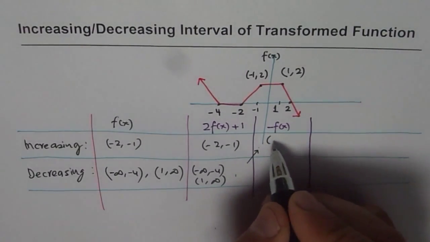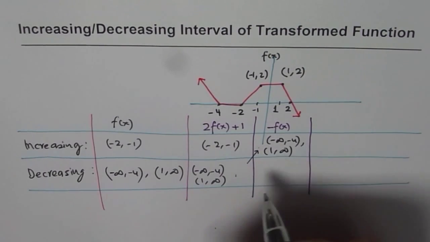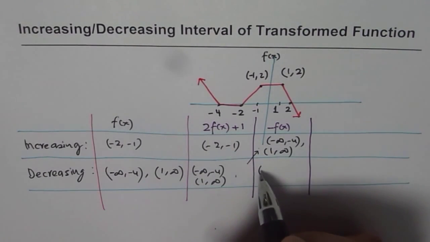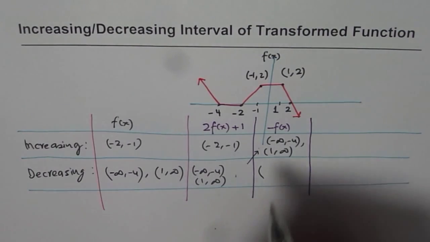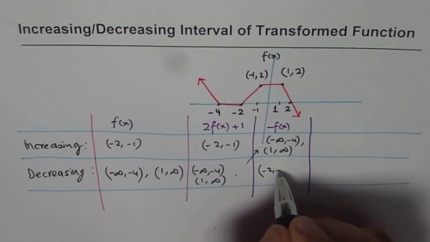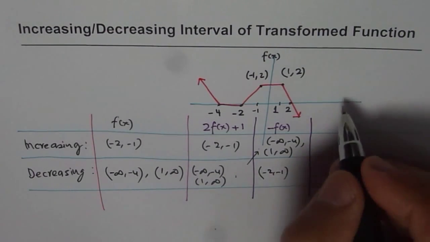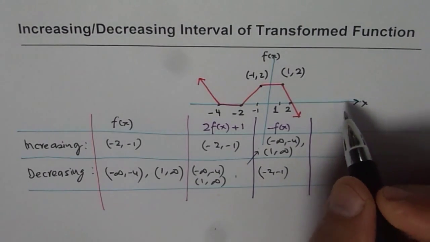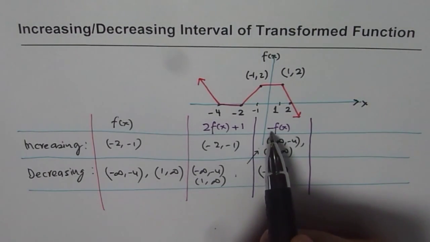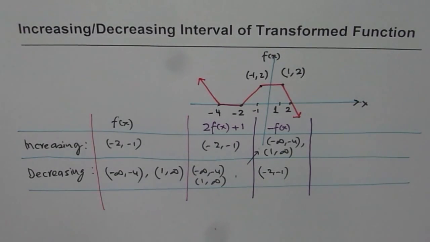So we get here minus infinity to minus 4 and from 1 to infinity. And the decreasing interval for the reflected function, reflection on the x-axis, will be minus 2 to minus 1, right? So that is the effect of vertical reflection. Reflection along the x-axis, when the value is negative, interchanges increasing and decreasing intervals.